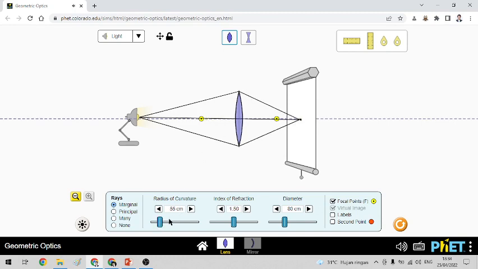You can see that the roundness of the lens is changed because the eye lens is flexible. It's not made of glass, but it is flexible, so it can change its roundness. And what causes this change of roundness, the thickness or thinness of the lens? This is changed by the eye muscle.